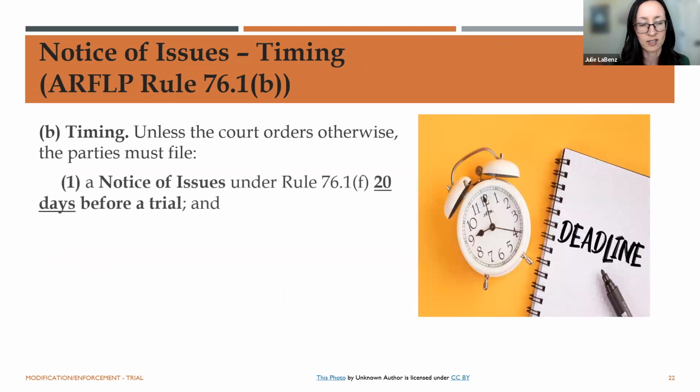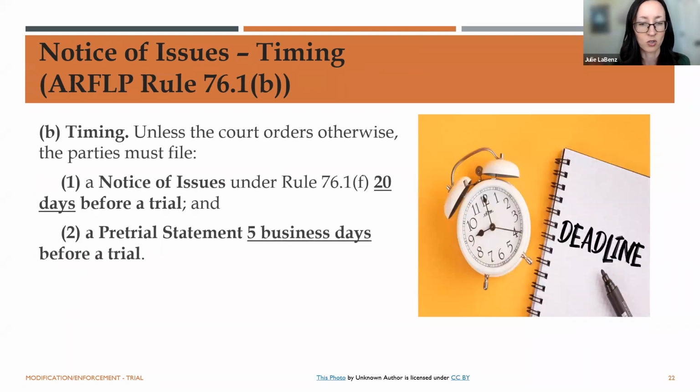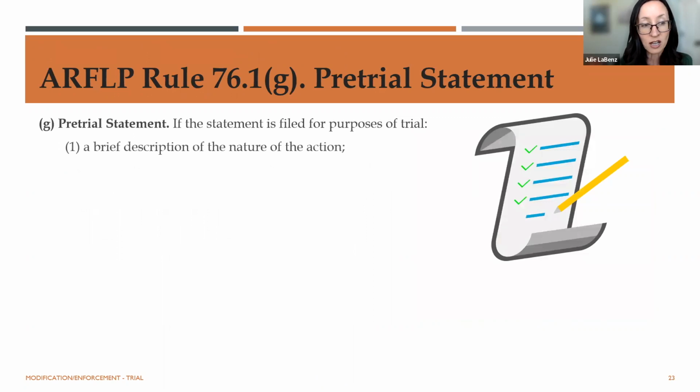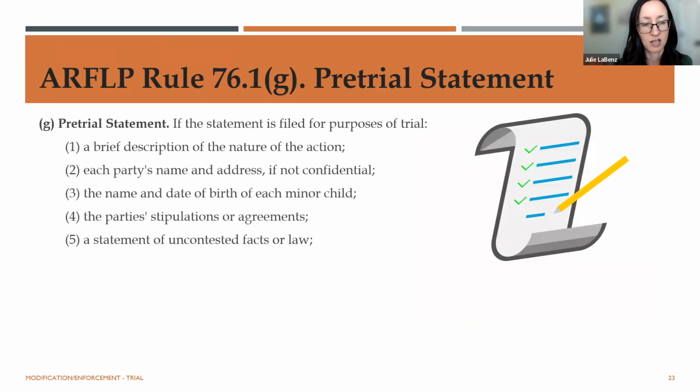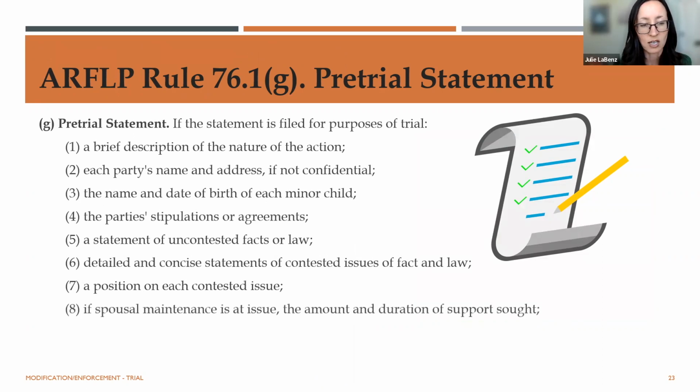And then let's just look at the timing again for the notice of issues. That's due 20 days before trial, but the pretrial statement is due 5 business days before trial. And there's a lot that goes into the pretrial statement. You describe the nature of the action, each party's name and address, if not confidential, the name and date of birth of each minor child at issue in the case, any stipulations or agreements that have been reached between the parties, a statement of the uncontested facts or law, detailed and concise statements of contested issues of fact and law, your position on each contested issue.